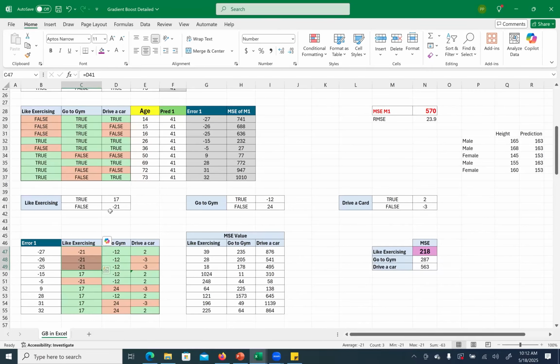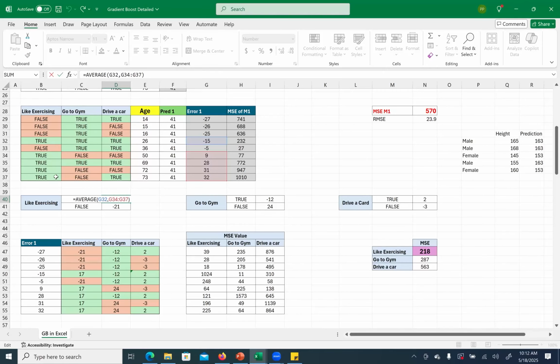Any question here? Puneet, can you come again? Is this the mean of all the true and false errors? Yeah, exactly. Wherever like exercising is true, look at this row and the last 4 rows.